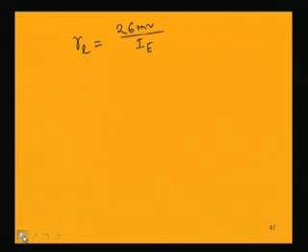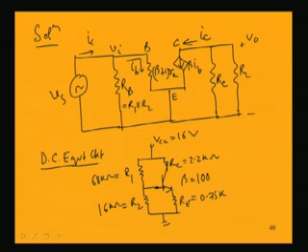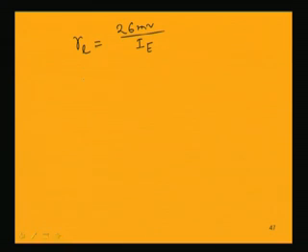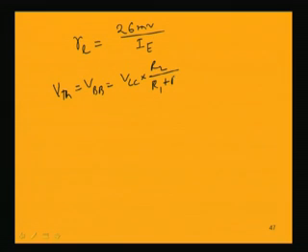In this DC equivalent circuit, in order to know the emitter current flowing, we have to draw the Thevenin's equivalent across base to ground, given by a Thevenin resistance and V Thevenin, which is VBB say, equal to VCC into R2 by R1 plus R2.